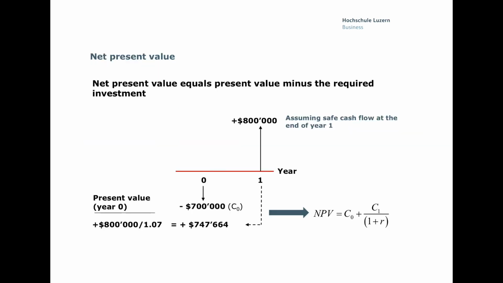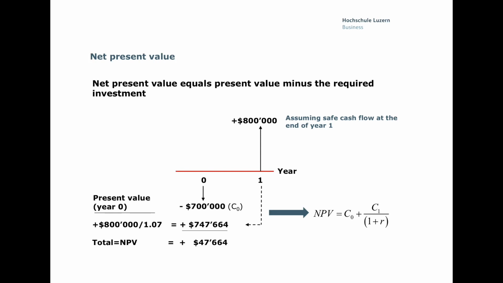Now let's introduce the concept of net present value, NPV for short. In simple terms, you can think of the NPV as present value minus the required investment. In the previous example, the cash flow received at the end of year 1 was $800,000. We showed by applying the present value formula that this corresponds to a present value of $747,664 today.